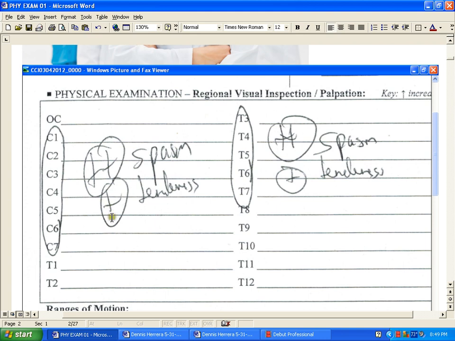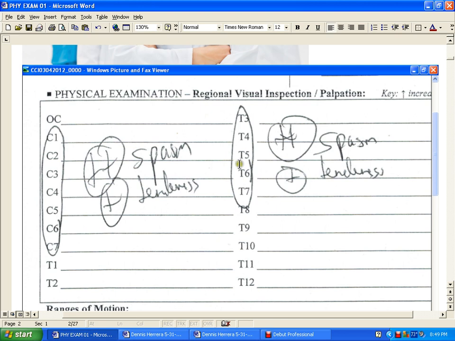and mild, 1 plus, it means mild tenderness at the cervical region of C1-C7. That's all inclusive.